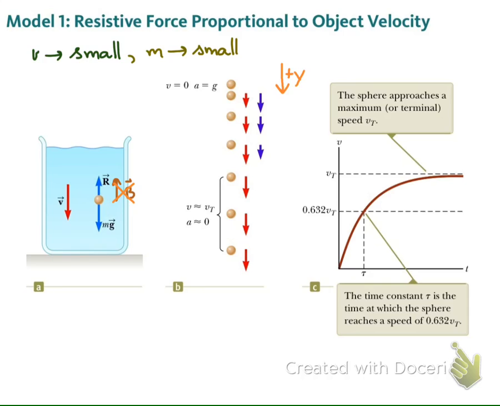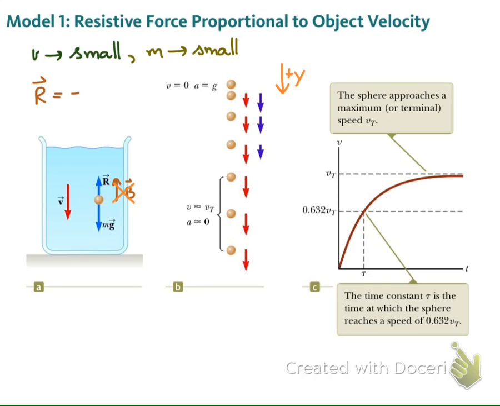But the resistive force depends on the velocity. We may write the resistive force as R equals minus bv.